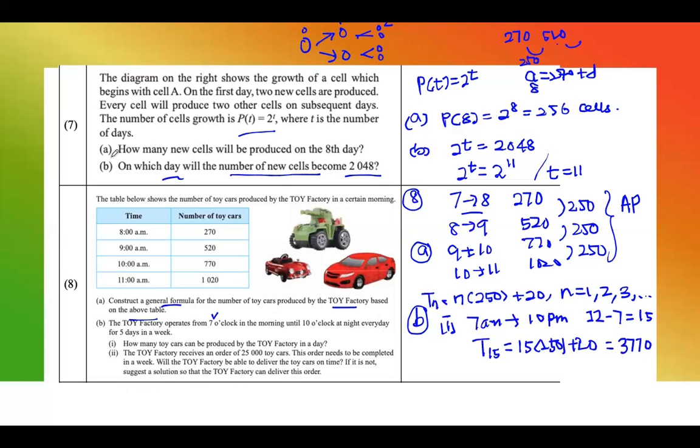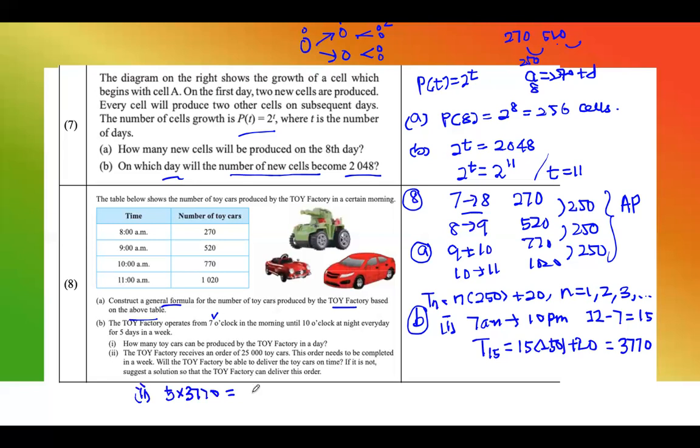So now the second question is, if the factory received a 25,000 toy car order that must be completed in a week, will the toy factory be able to deliver the toy cars on time? So we just need to multiply 3770 times 5.